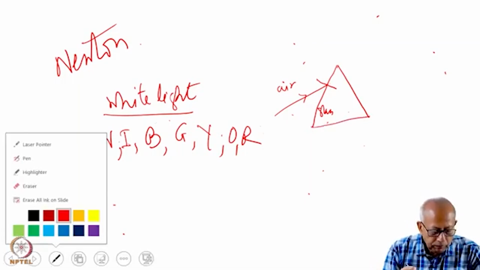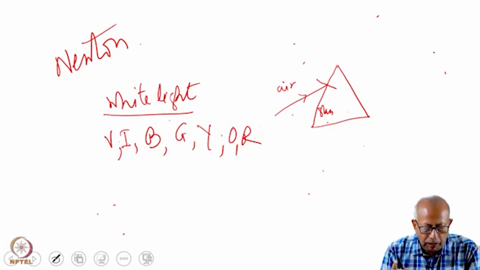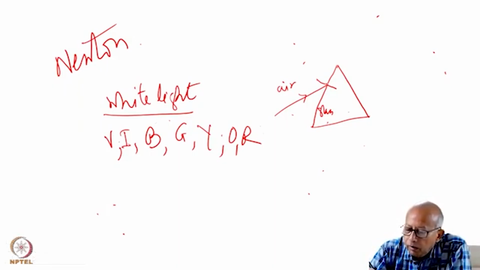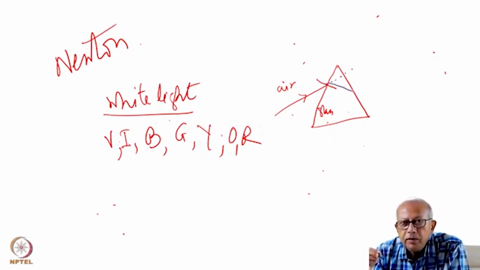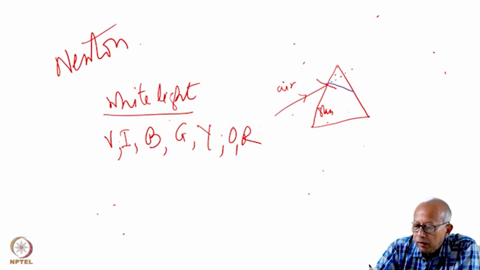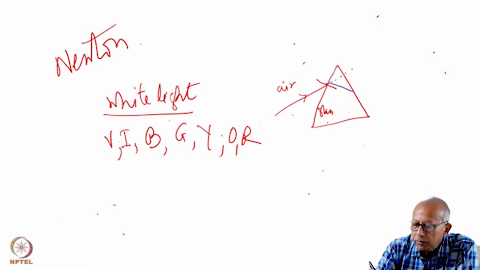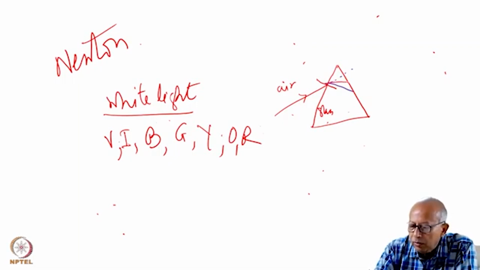For example, the violet color underwent maximum bending, and the red color experienced the least bending.